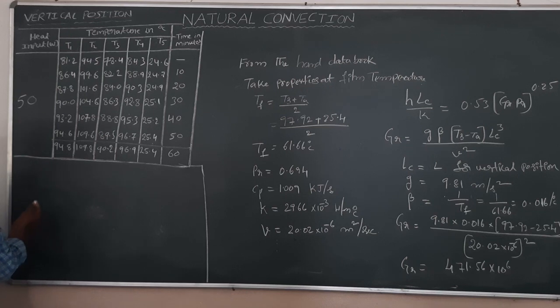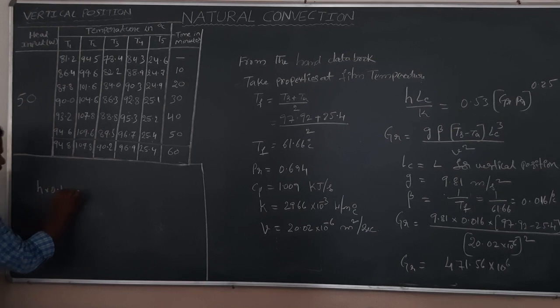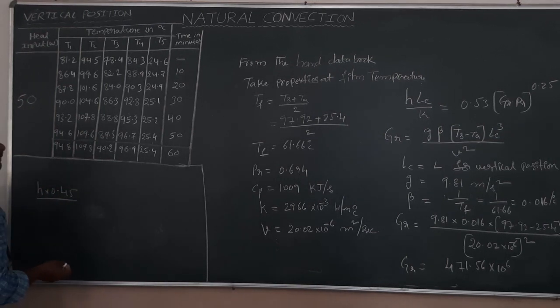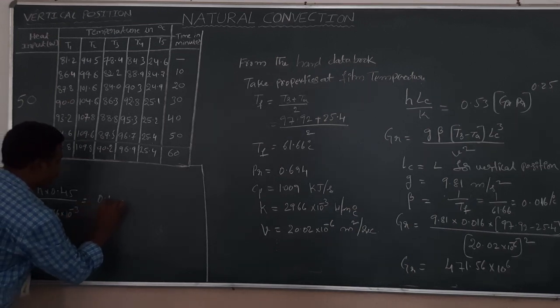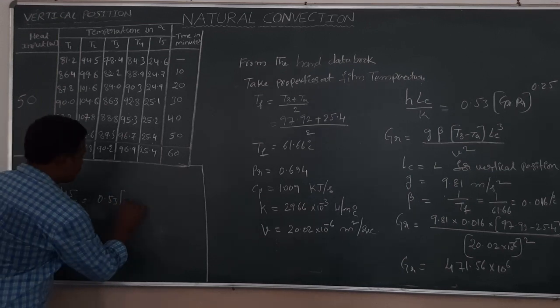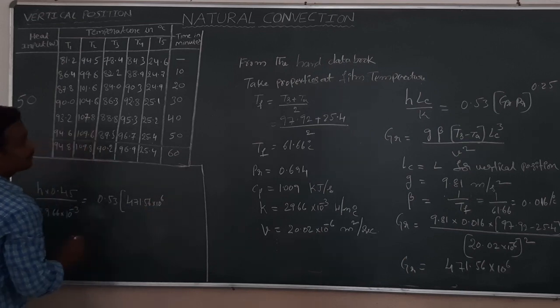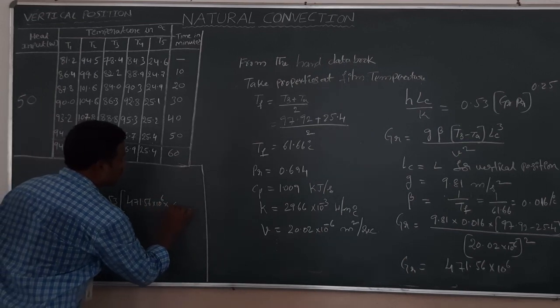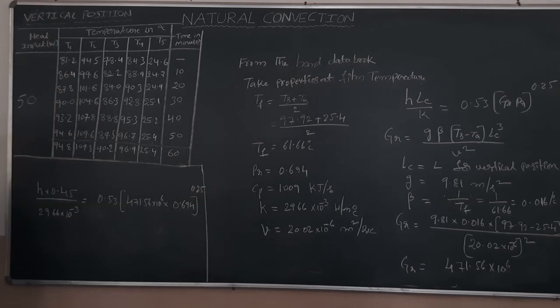I am writing this here. h into L_c, 0.45, divided by thermal conductivity, 29.66 into 10 to the power of minus 3, equals 0.53 into Grashof number 471.56 into 10 to the power of 6 into Prandtl number 0.694, whole power 0.25. Calculate the heat transfer coefficient value by using the calculator.